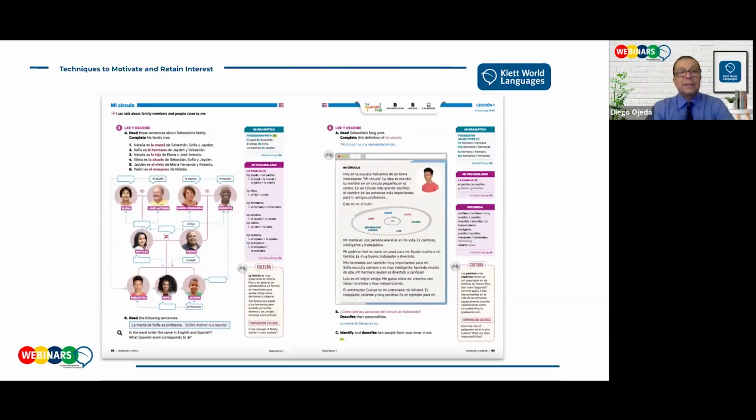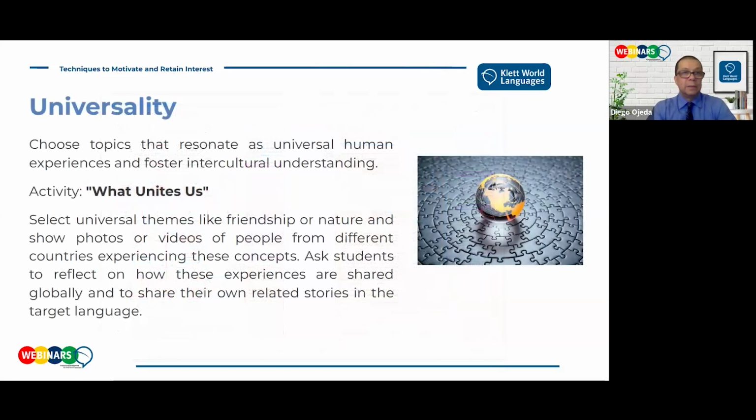Okay, so there are more activities here that you can explore later on in the Reporteros program when they talk about different types of family as well. And another aspect, universality. So it's important also to bring things that unite us. Yes, autonomy is important, identity is important, but what things unite us?